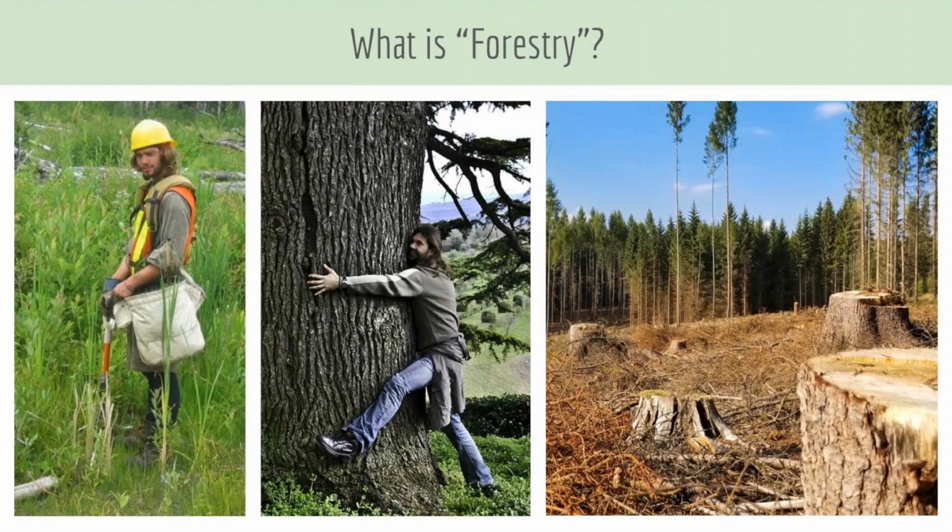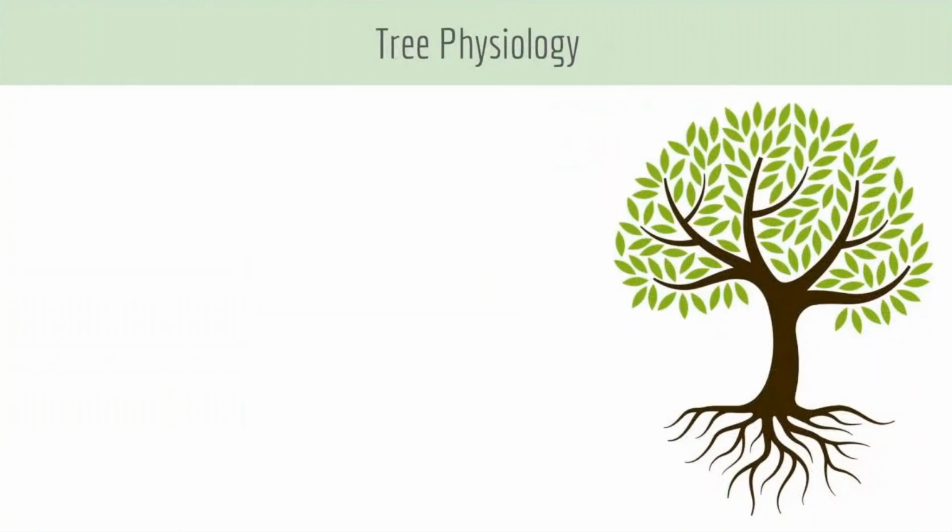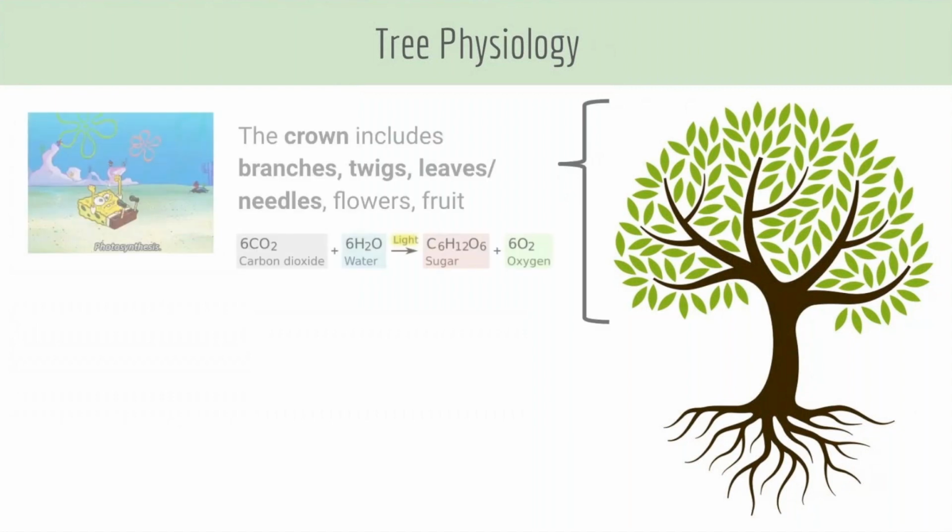So what exactly are trees? Well, trees can be defined as woody perennial plants that are at least 4.5 to 5 meters tall, depending on the definition. Trees also have a number of key components. First off is a crown, which includes branches, twigs, the leaves or needles, flowers, and fruit.